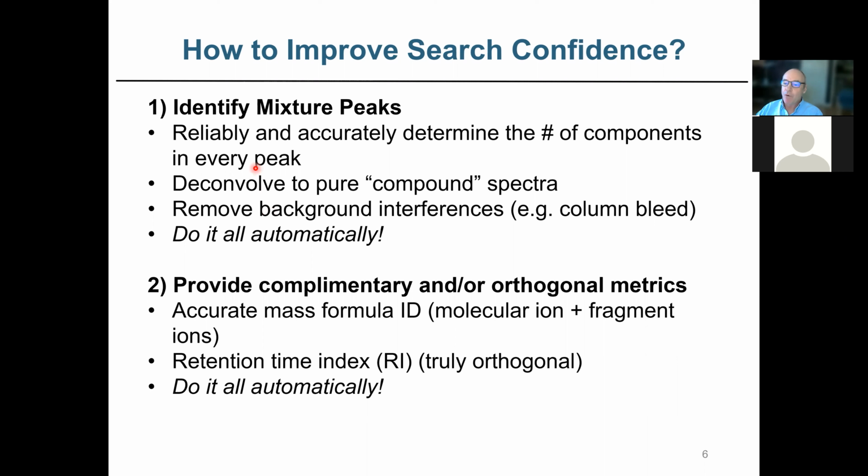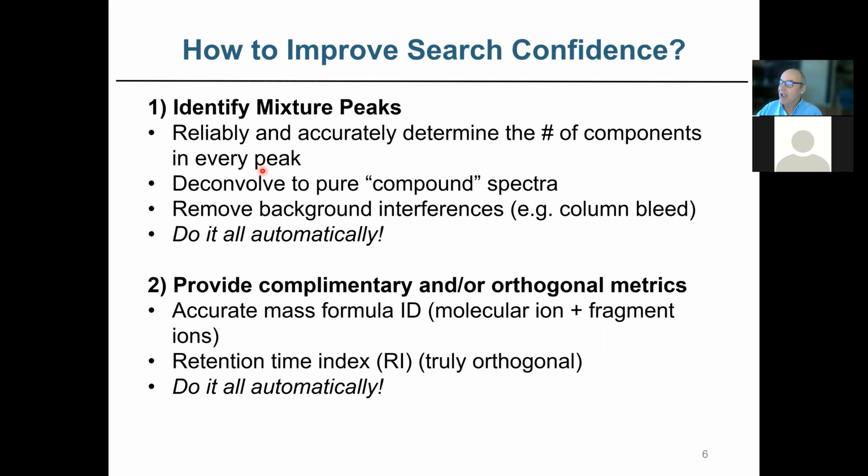And so the advantage of our two-step approach is that we know how many components are in there, whereas other approaches tend to overfit. So you actually wind up fitting artificial spectra. You may have a peak that only has two components, but the software may tell you there are 4 components in there, and a lot of them are just not real.